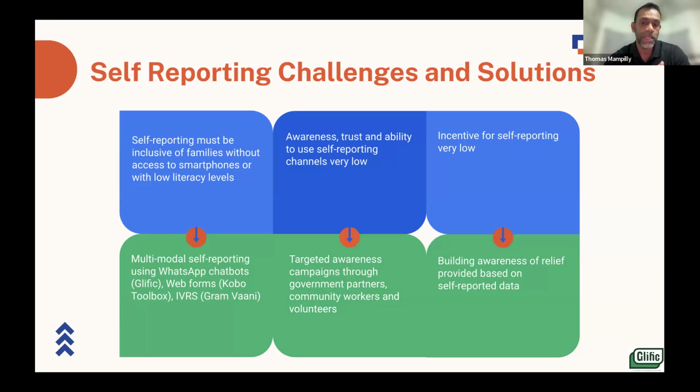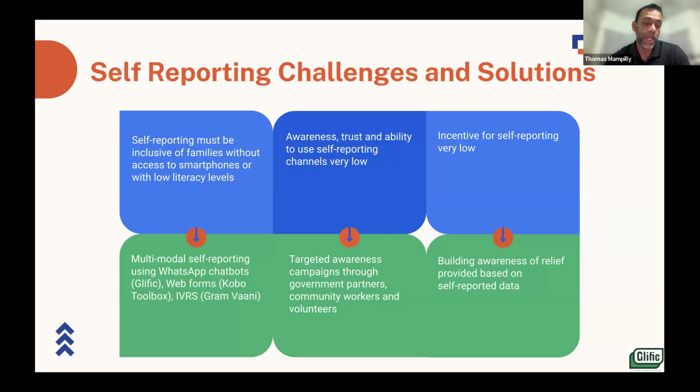IVRS is interactive voice response. They can dial a number and they can either through audio or through key presses communicate their losses. And then finally, for those who have neither digital access nor literacy, field teams can go out and do that last mile coverage, approach each household and collect their data, right?